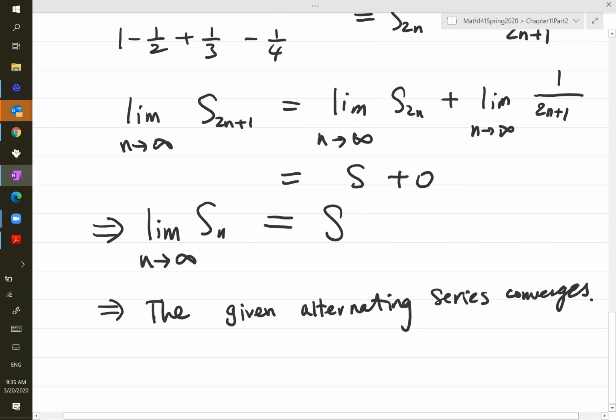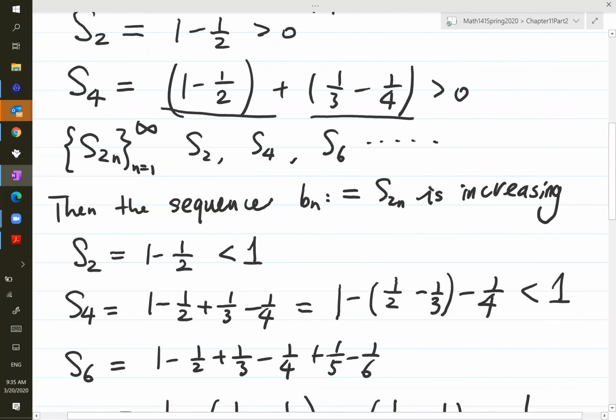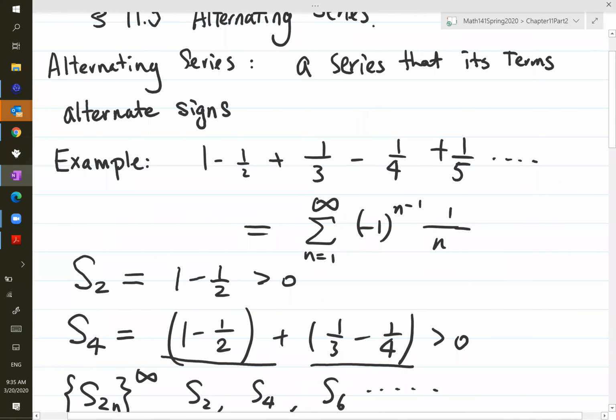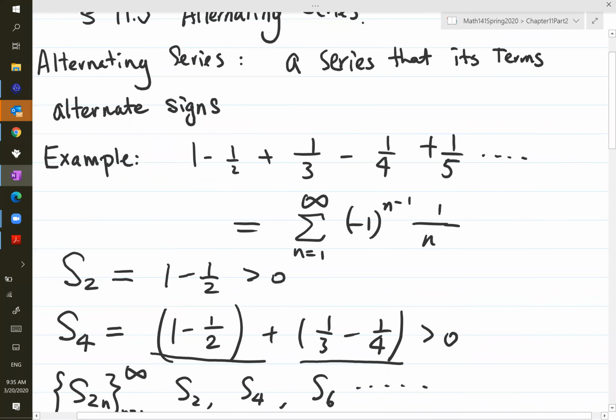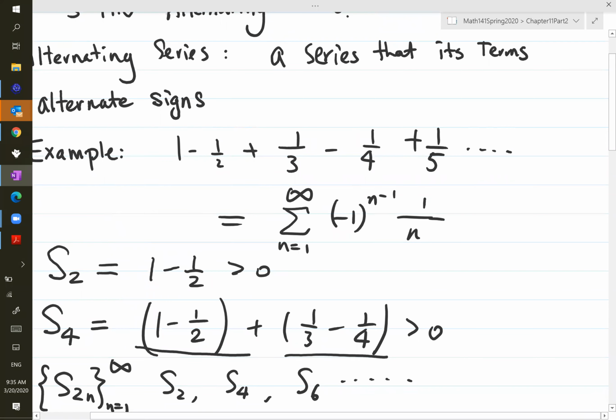To summarize, the properties that we used are the following. First, the series is alternating. The sign is plus minus, etc.